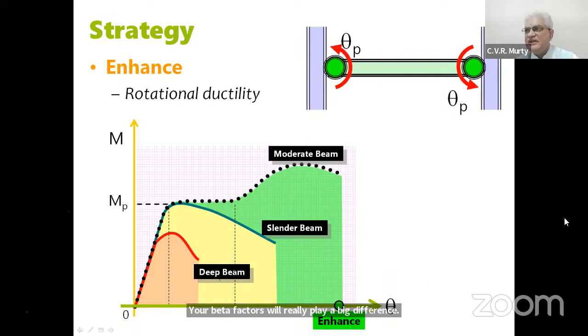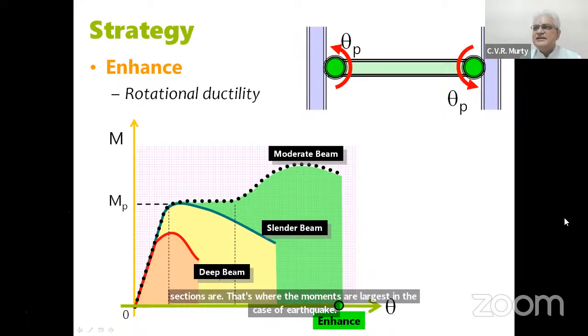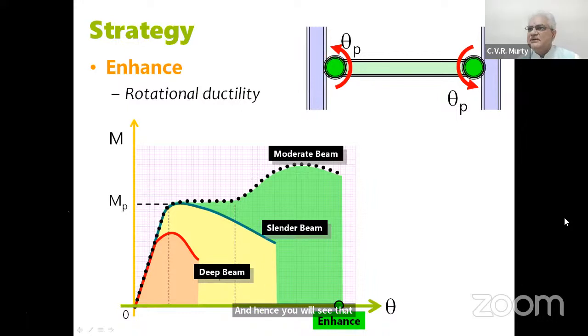So once again, when I have a member, I need to make sure of the plastic rotation that I am generating at the ends of the member, because that's where the critical sections are. That's where the moments are largest in the case of earthquake shaking. And hence you will see that as the section becomes slender, it's not able to reach or stay on the moment capacity.